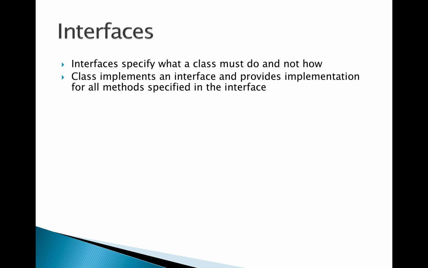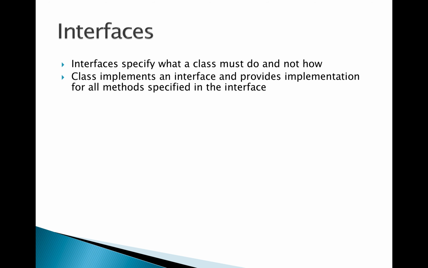A class implements an interface and provides implementation for all the methods specified in the interface. So here we have some 10 specifications, which means all the 10 specifications have to be implemented. It is not like abstract classes. In an abstract class, if there are 10, 5 may be implemented and 5 not implemented, and the implementation class needs to care about only the 5 that are not implemented.